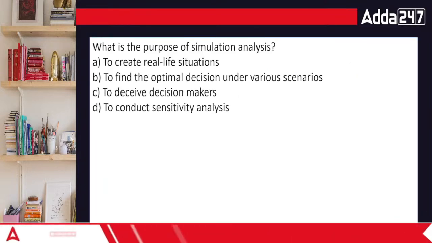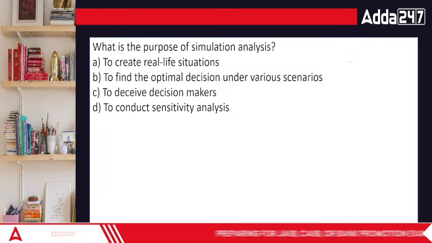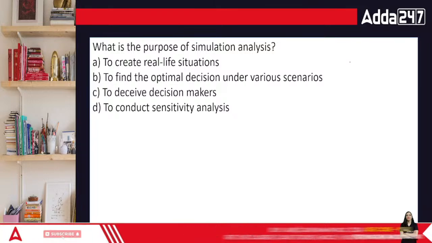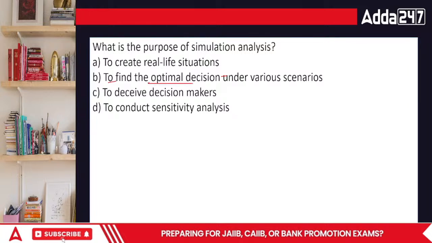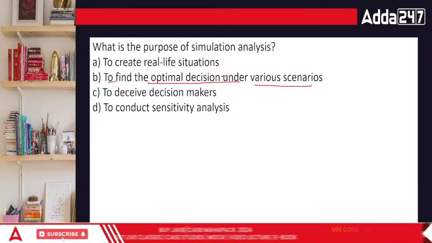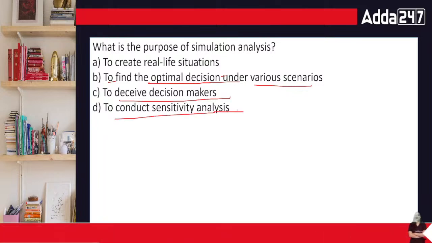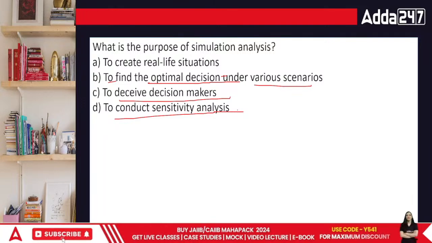Next question. What is the purpose of simulation analysis? To create real life situations, to find the optimal decision under various scenarios, to deceive decision makers, or to conduct sensitivity analysis. See, when we have multiple things in our regular life, I don't think only one variable works at one point of time.